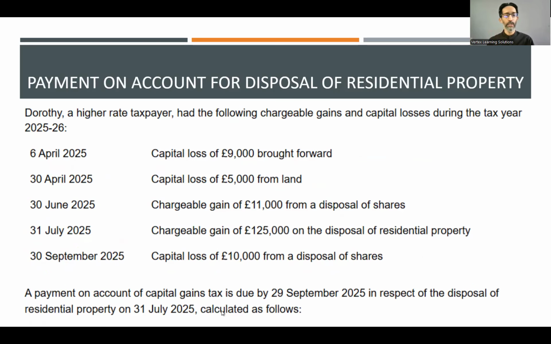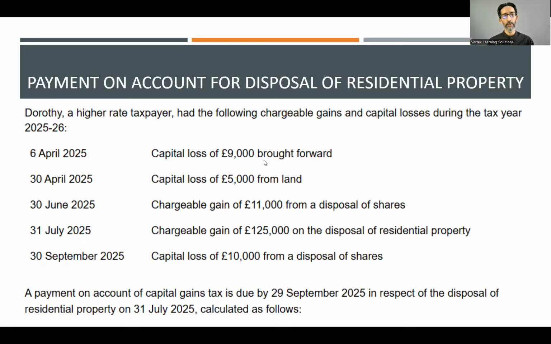This is a good one where we see that there are a number of losses and gains during this year. Dorothy, a high rate taxpayer, had the following chargeable gains and capital losses during the tax year. At the start of the tax year, there was a capital loss brought forward from the previous period of 9,000.